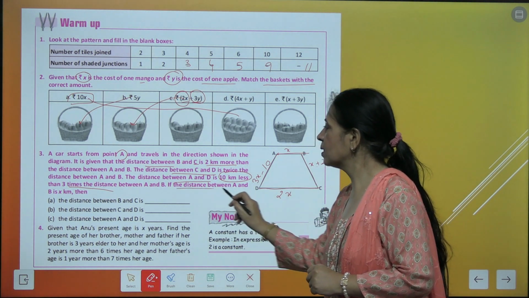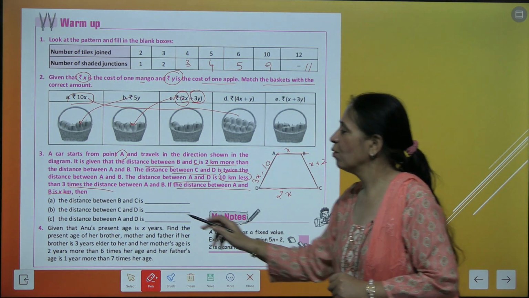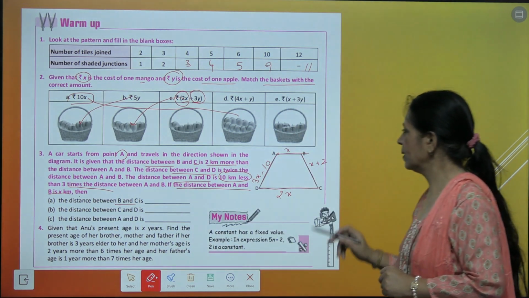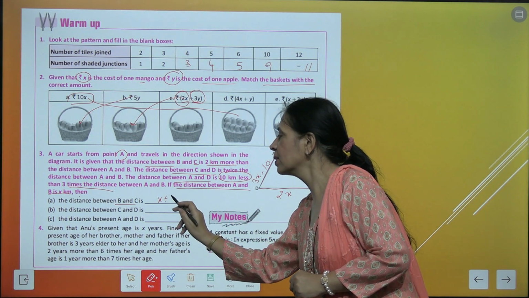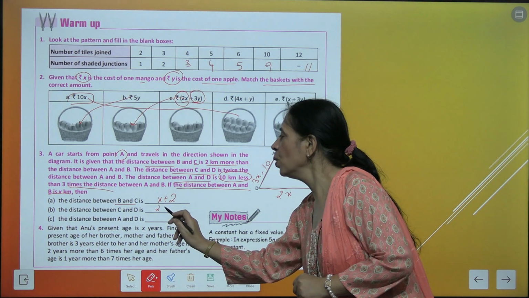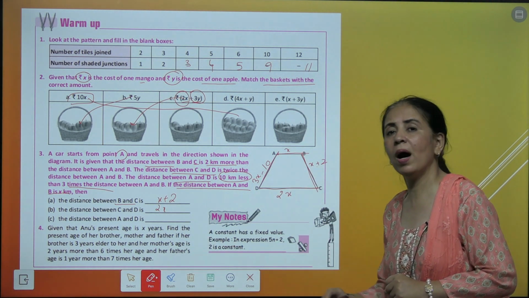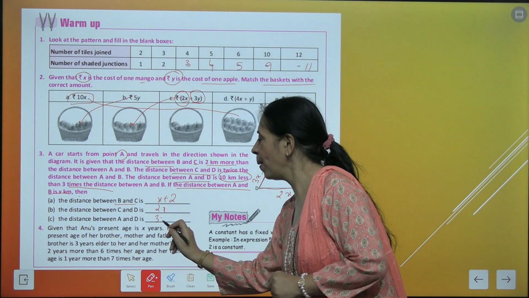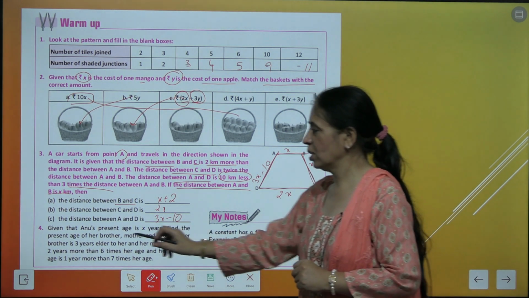Now if the distance between A and B is x kilometers, then find the distance between B and C. We found the distance between B and C, what came out? x plus 2. And distance CD is 2x. And what is distance AD? What is the AD distance? 3x minus 10. Very nice. Read the next question.